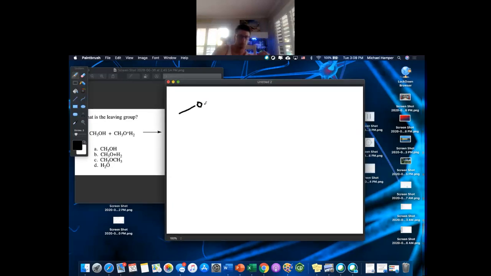So here, we have an alcohol. Here we have, if there's a charge on it, I like to draw it out. So these two are going to react together. What is the substrate? The alcohol or this thing here?